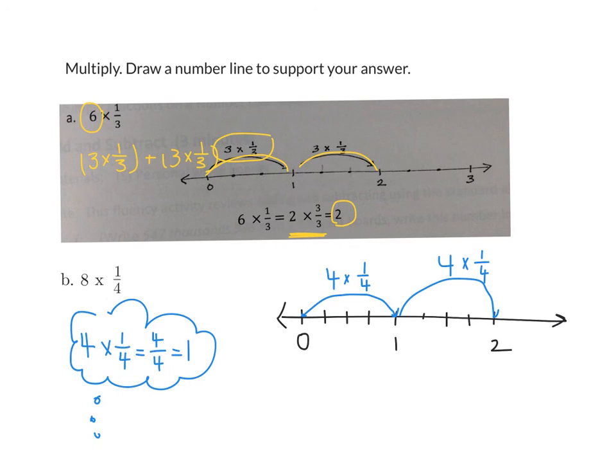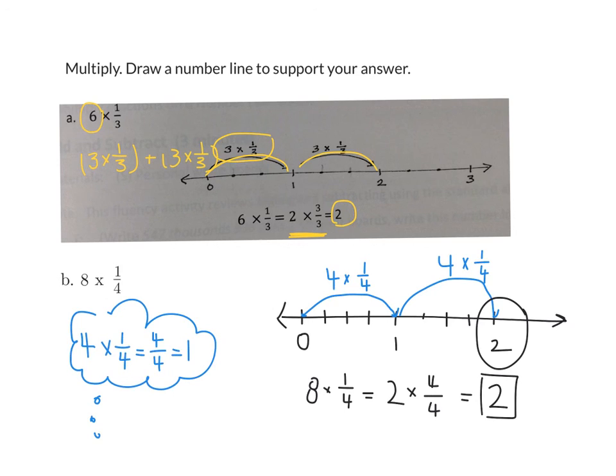And if I make 2 copies of 4, that's 8 copies, isn't it? So using numbers, I can write that 8 times 1/4 is really 2 times 4/4. Do you guys agree? Which is what? 2. So my answer is 2.